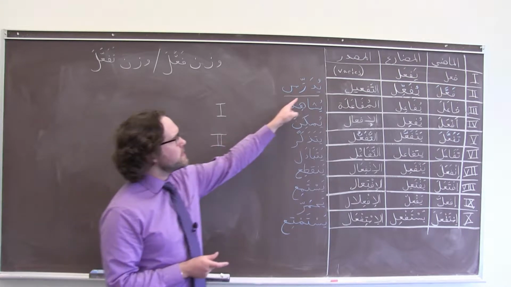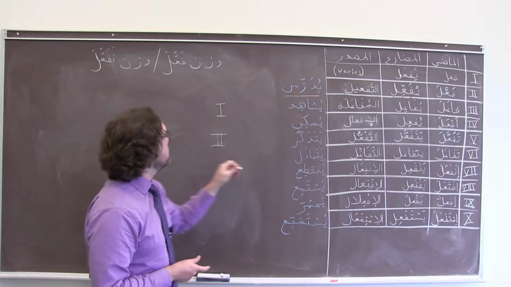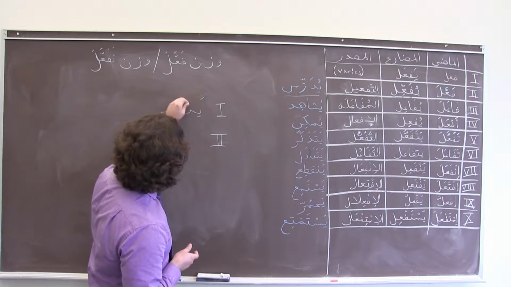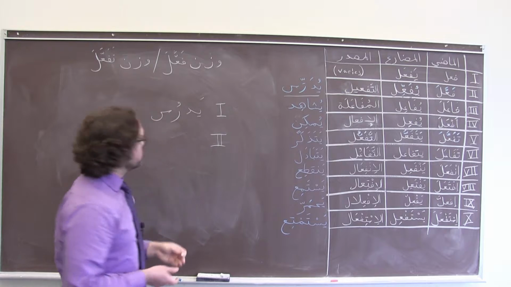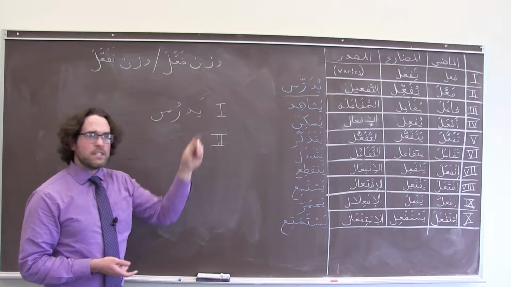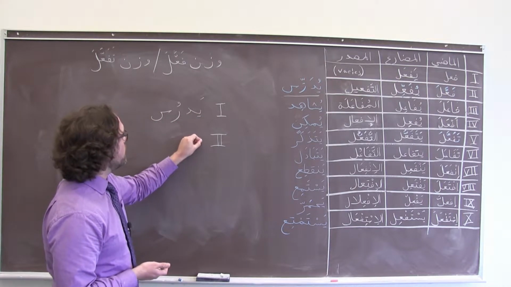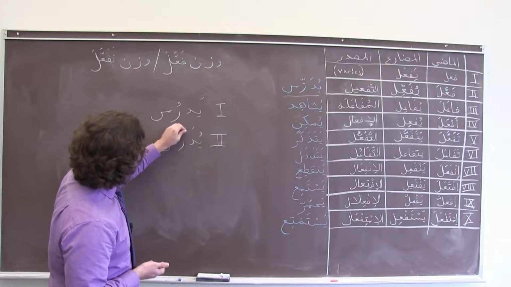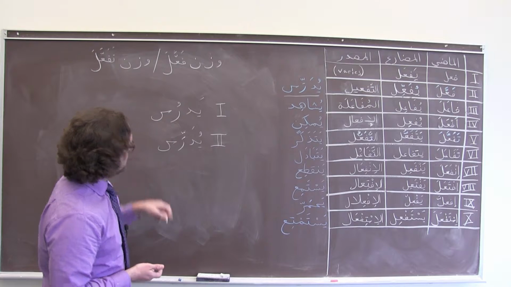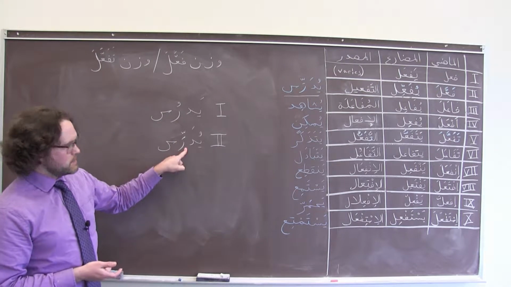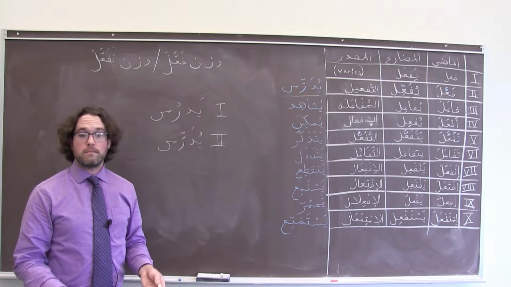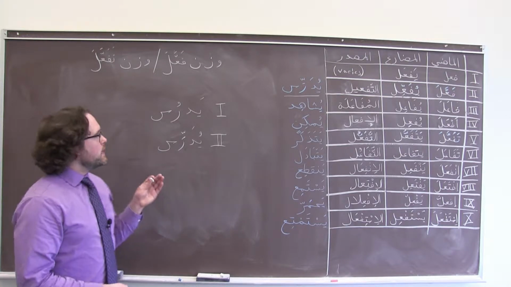The form 1 of that same judr, dal ra sin, is yadrus. So when we teach, عندما هو يدرس, ostensibly, someone who teaches is making someone else study or learn.